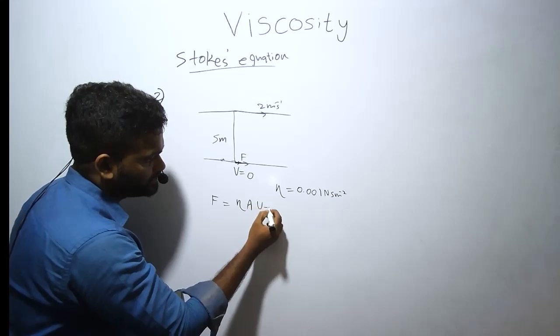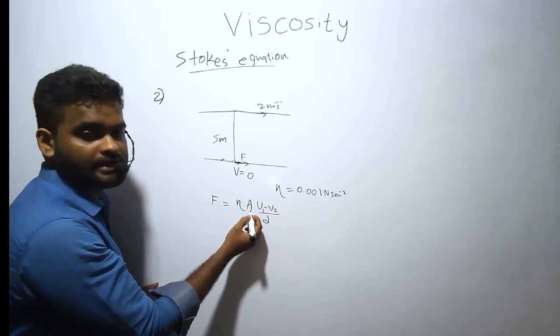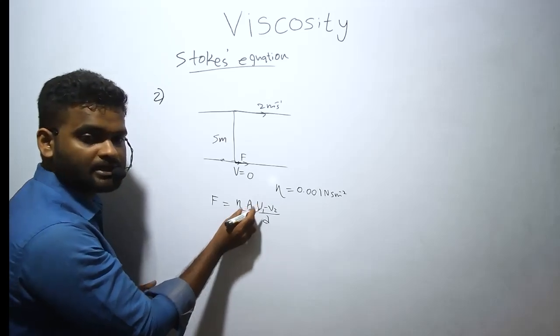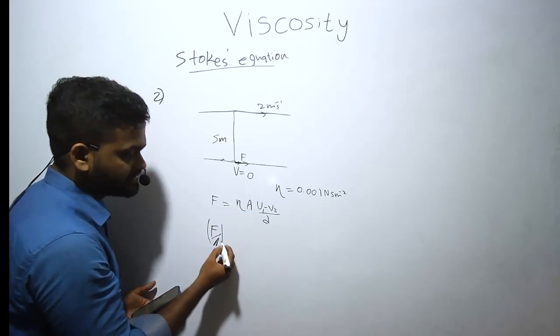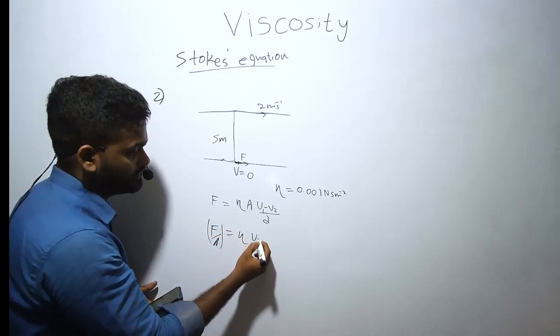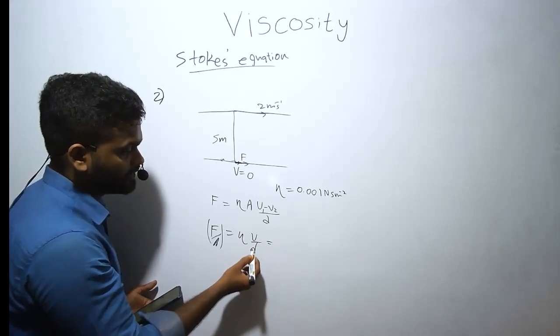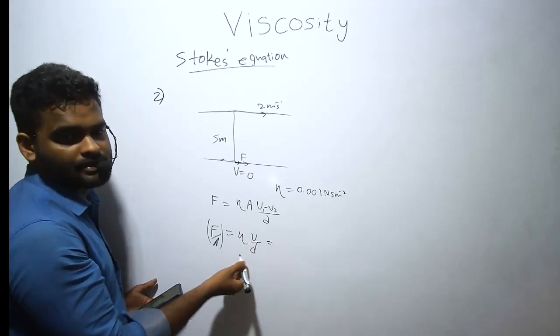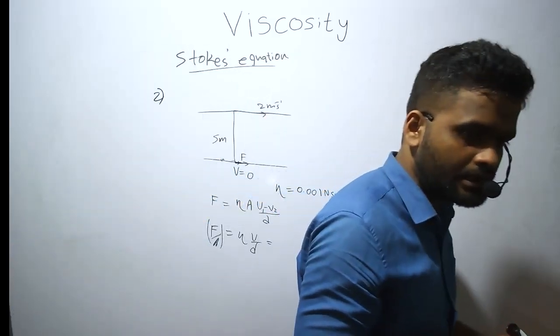So if you write this equation, what do you get? Viscous force per unit area. What they ask is just cross multiply A to this side. They ask in this quantity. That is eta V divided by D. V2 is 0, right? Just substitute to this equation to get the answer. Understood, right? If you don't, let me know.